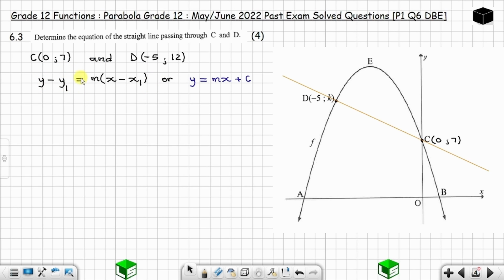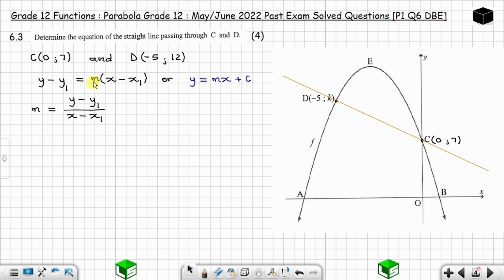Now what you want to do is to get the gradient. The gradient is m. So the gradient m is equal to this part divided by this part, y minus y1 over x minus x1.